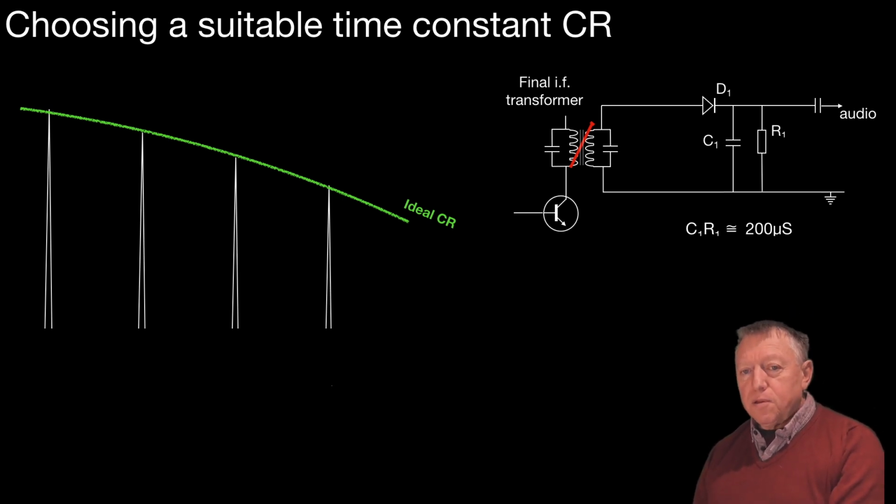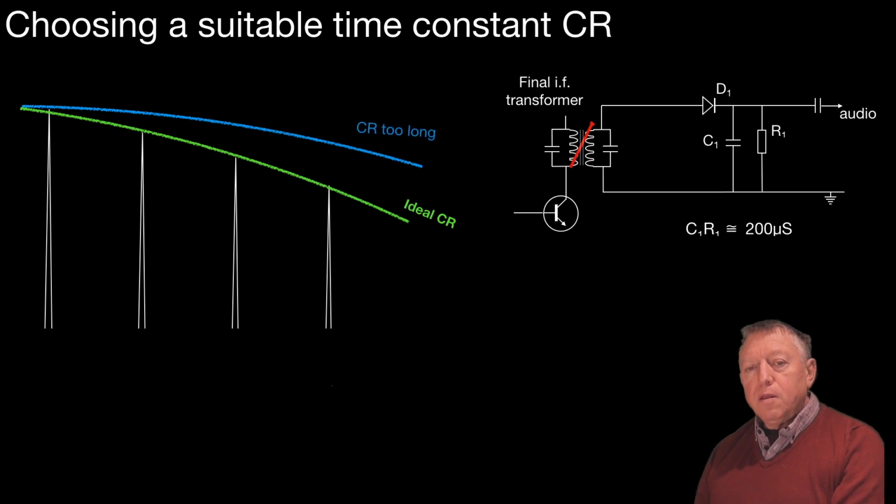If we make our time constant too long, there won't be enough time between the half cycles for the capacitor to discharge through the resistor, and so gradually the capacitor will hold its charge in excess of the peaks of the half cycles, and we'll get something like this. And the gap between the ideal time constant and the excessively long time constant will manifest itself as distortion.